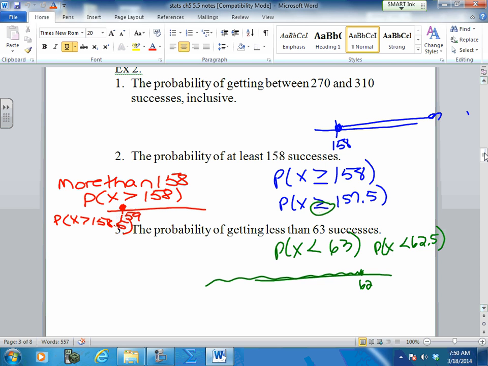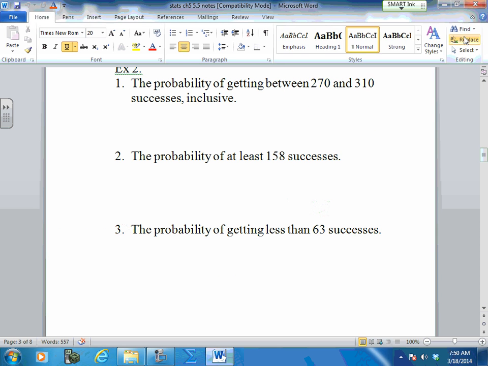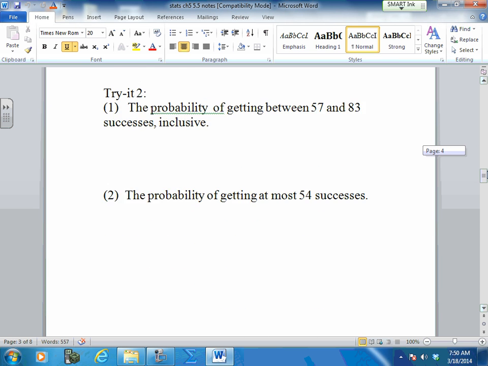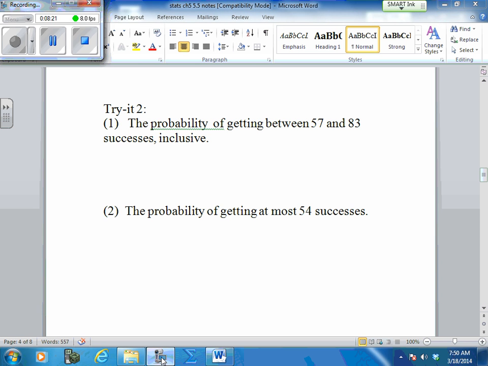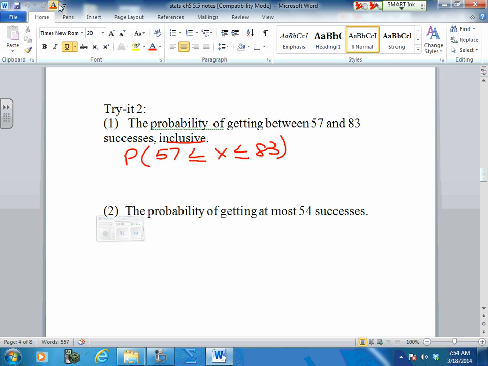So you guys try it yourself too. At the bottom of that page, try these. I want you to set up your probability statement, put it on a number line, and then adjust it. Okay, so according to this, I'm going to use 57, and I'm going to use 83.